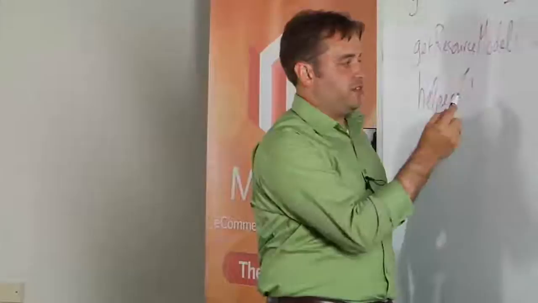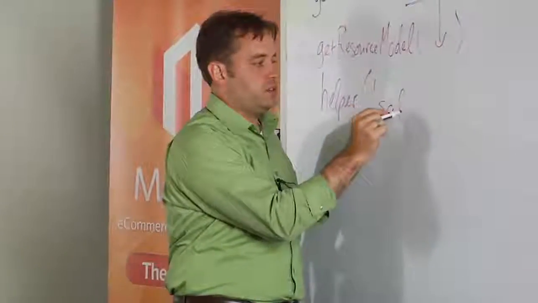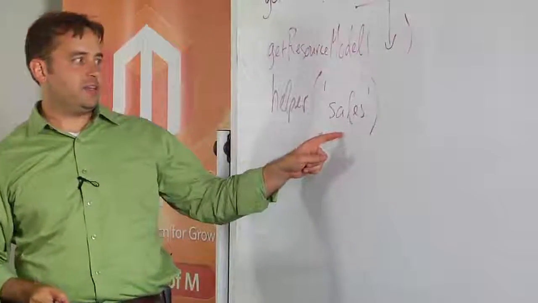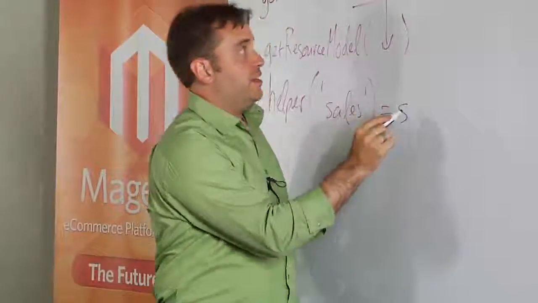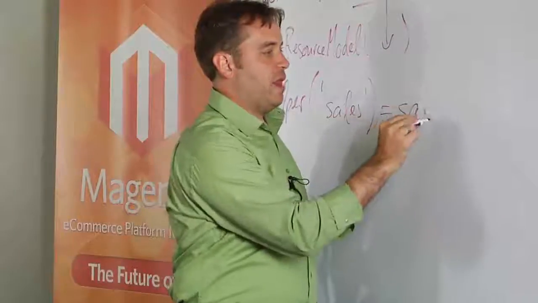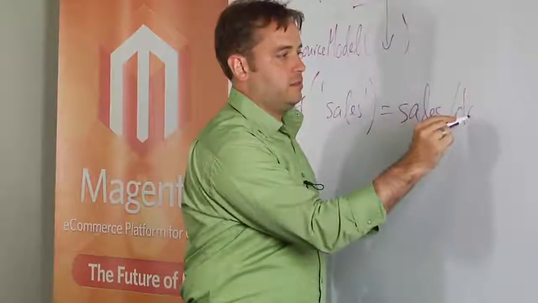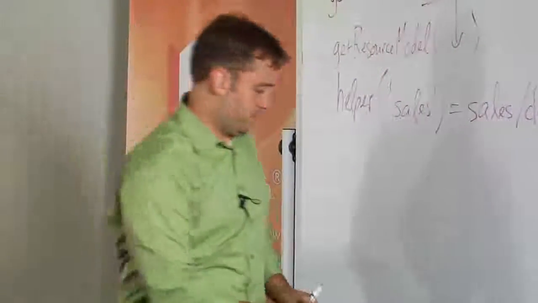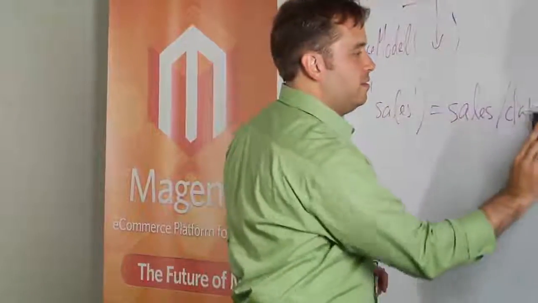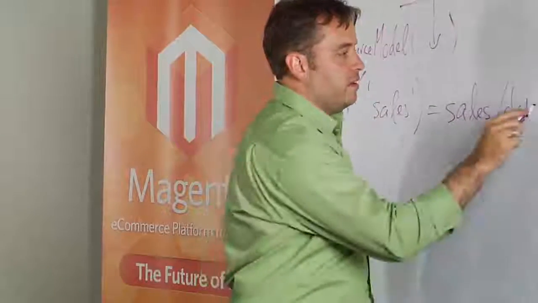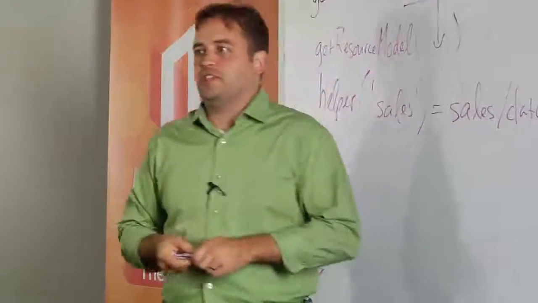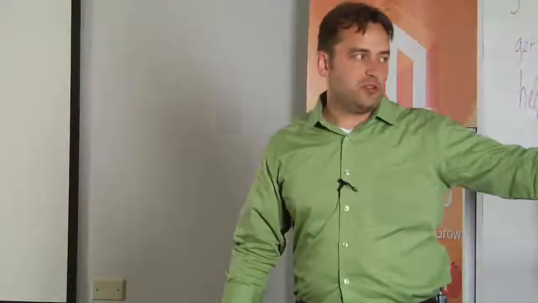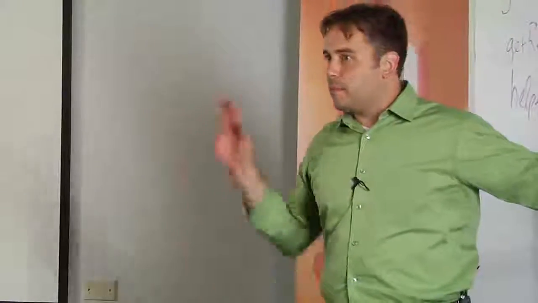You can actually just specify sales, and in class group notation, that actually maps to sales/data. That's just one of those other things about the system. If you only specify a class group, the system will actually look for a data helper.